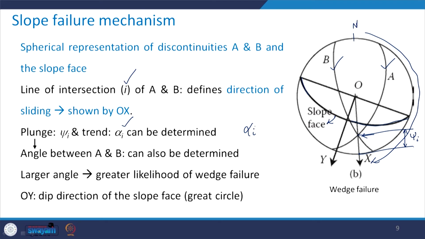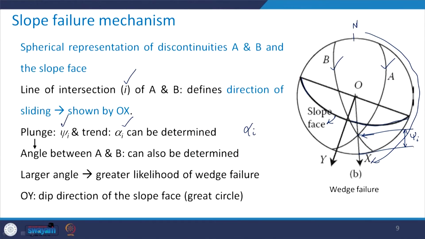So, that is how we can find out the trend and plunge of this line of intersection. Please take note that because it is the line of intersection, I am using a subscript I with both of these. Keep that in mind.